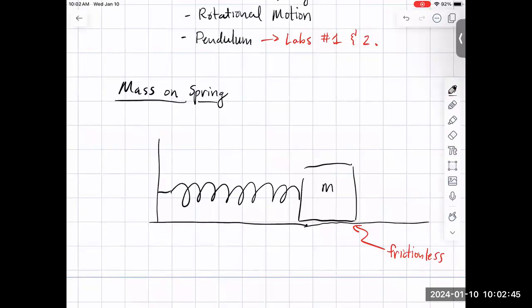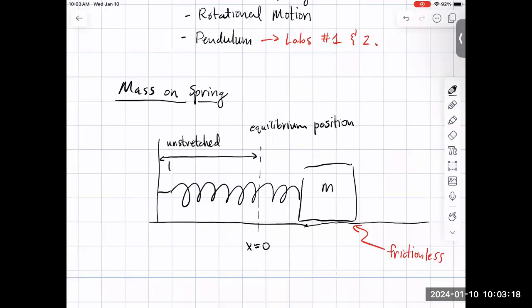Okay, so we'll identify a position, which I'm going to call x equals 0. If the edge of the mass is sitting at x equals 0, the spring is unstretched. So this is the equilibrium position, and another way to think of it is this is the unstretched length of the spring.